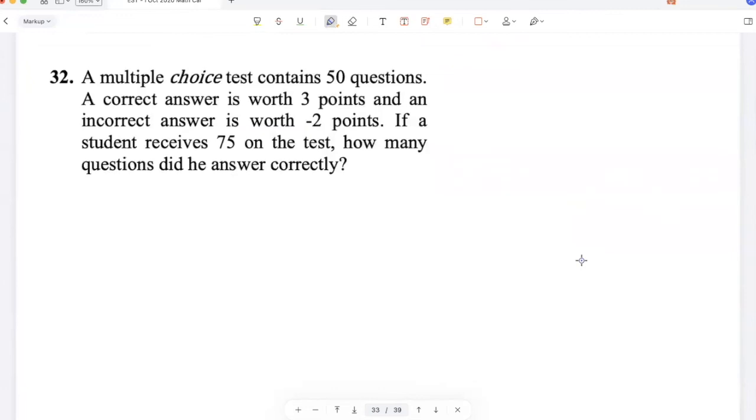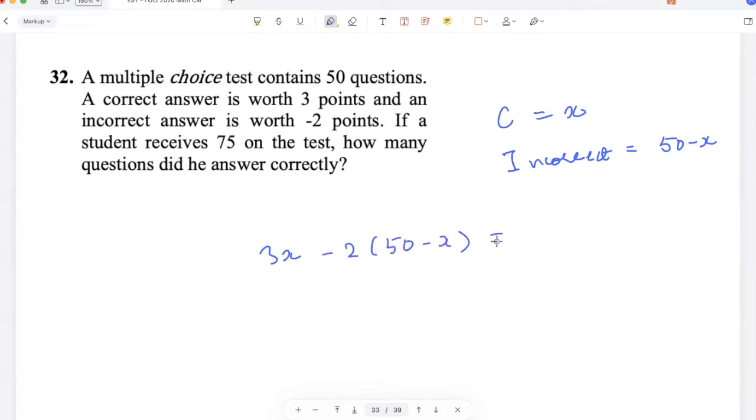A multiple choice test contains 50 questions. A correct answer is worth 3 points and an incorrect answer is worth -2. If a student receives 75 on the test, how many questions did he answer correctly? So let's say he answered X correctly. So incorrect would be 50 minus X, because total 50 questions. He gets 3 points for a correct answer, so 3X, and loses 2 points for incorrect, so minus 2 times 50 minus X, and that total is 75.